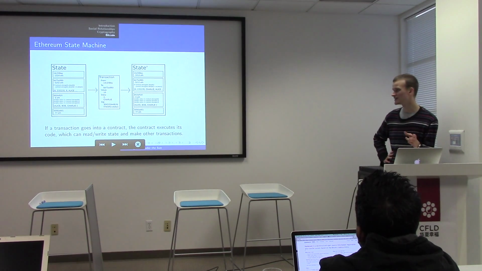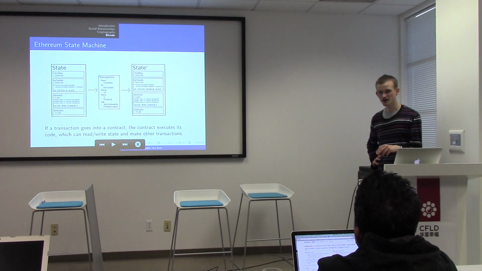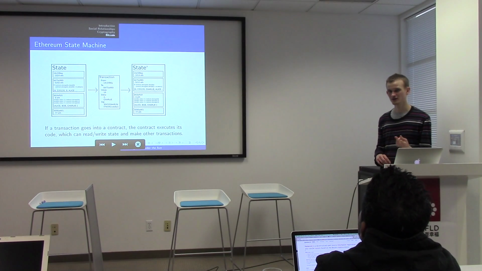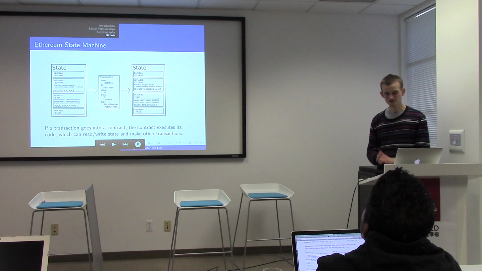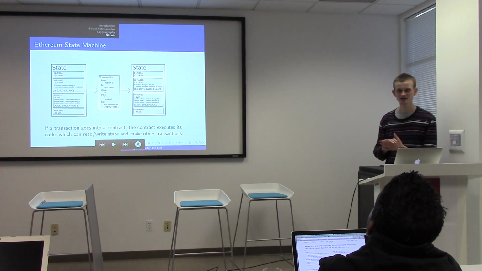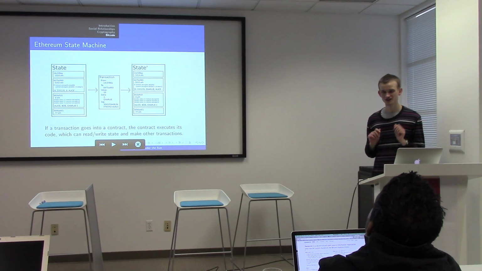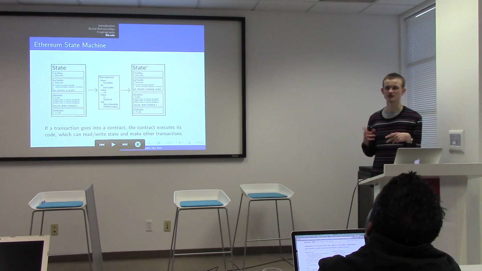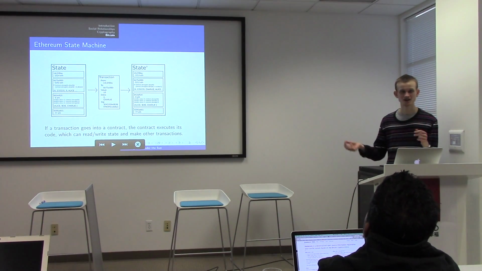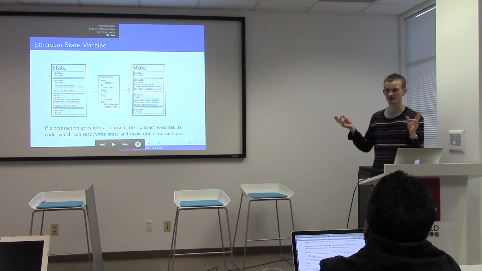Then, aside from that, there are two kinds of accounts. The first kind of account is what's called an externally owned account. Externally owned accounts are just accounts controlled by some private key. If you want to send a transaction on behalf of that account, you produce a transaction, and there's a transaction format in Ethereum, just like there's a transaction format in Bitcoin, and then you sign the transaction with your private key.